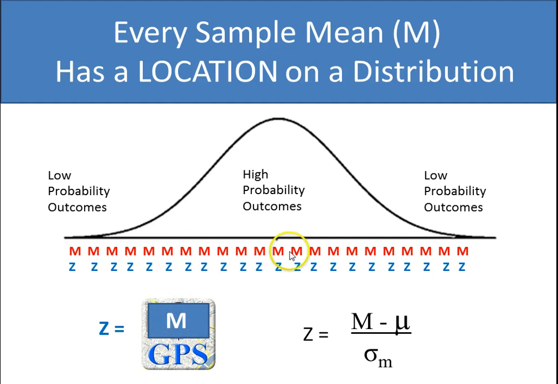And just like with the x-scores, out here in the tails of the distribution, we're going to have the extreme sample means with low probability outcomes, as we will have the extreme sample means out in this tail, also with low probability outcomes. And here in the middle around the mean, as you might remember, the sample means that are located here have higher probability outcomes.